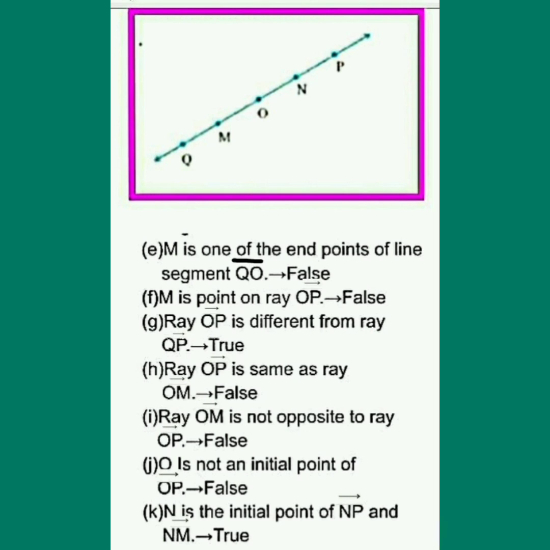Ray OP is same as ray OM. False. Ray OM is not opposite to ray OP. It is also false. O is not an initial point of OP. False. N is the initial point of NP and NM. It is a true statement.